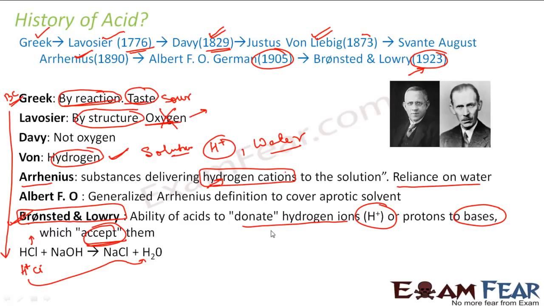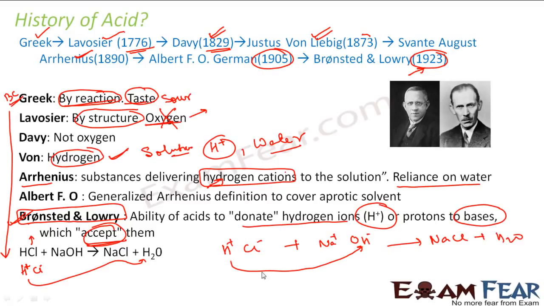Because if you see, this reaction is something like this: H plus Cl minus plus Na plus OH minus. What happened is this hydrogen ion is given to this guy. This guy is accepting the hydrogen ion, so this guy is a base. This guy is losing a hydrogen ion. This guy is an acid. So this becomes NaCl, because Na and Cl were left, so they combine, and H2O, because OH plus H becomes H2O.